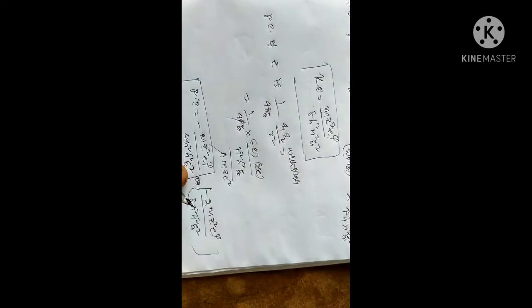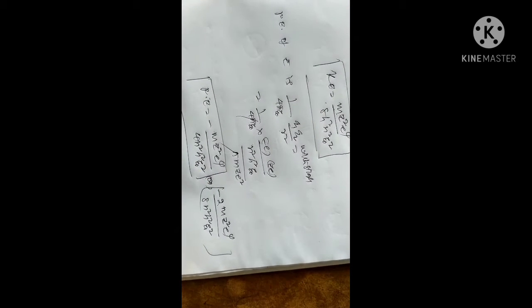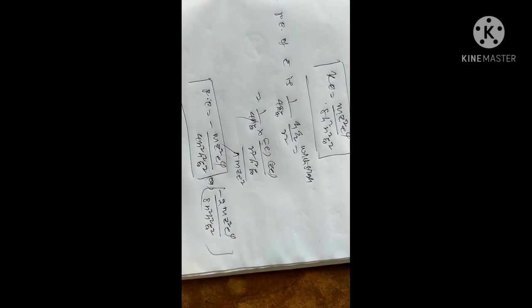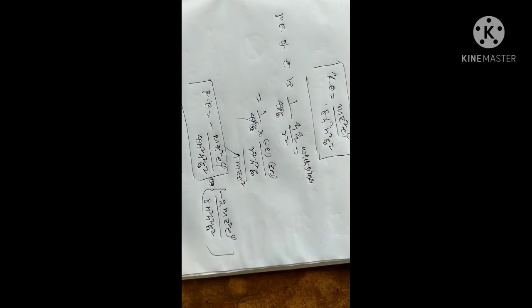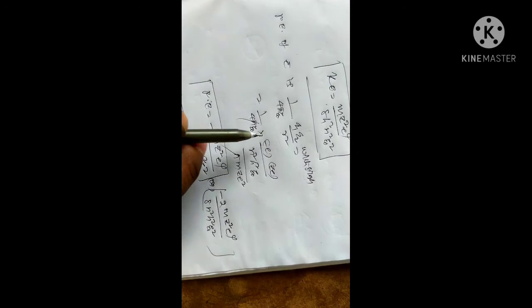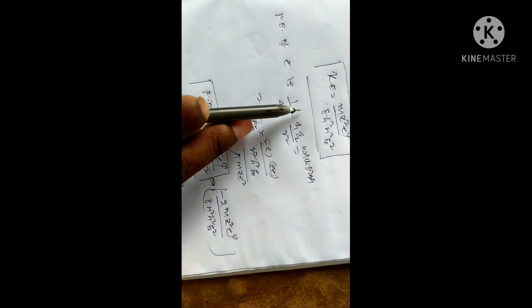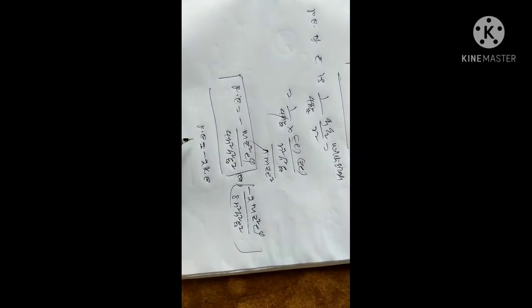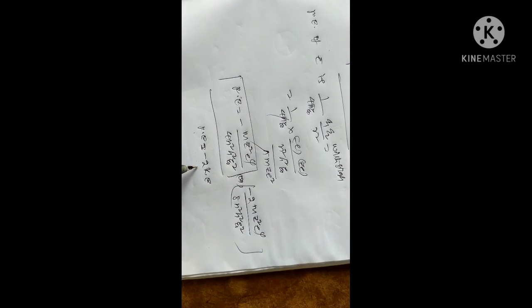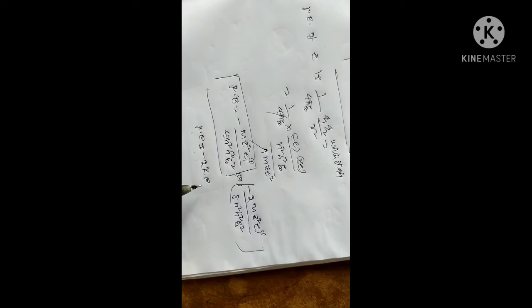Compare the kinetic energy and the potential energy. From these two equations, one is 1 by 4 and the other is 1 by 8, so the relation is that the potential energy is equal to minus 2 into the kinetic energy.